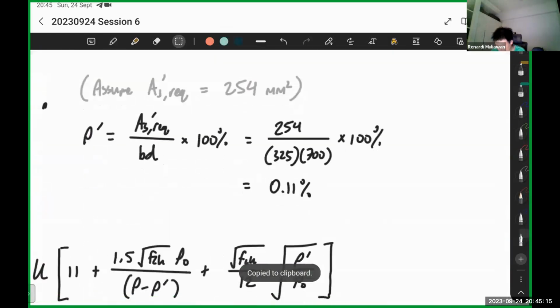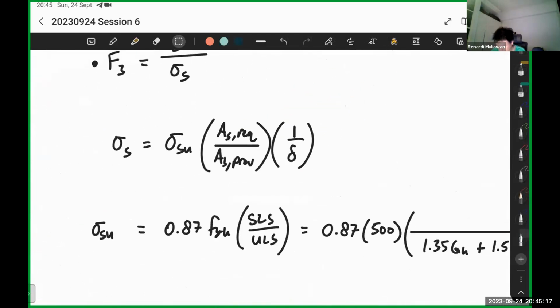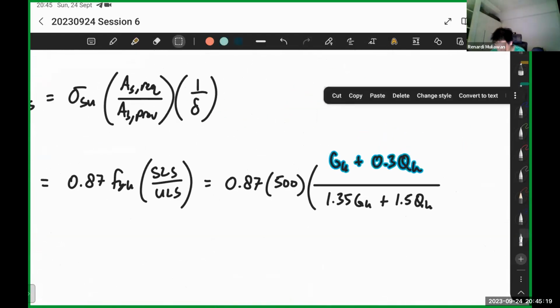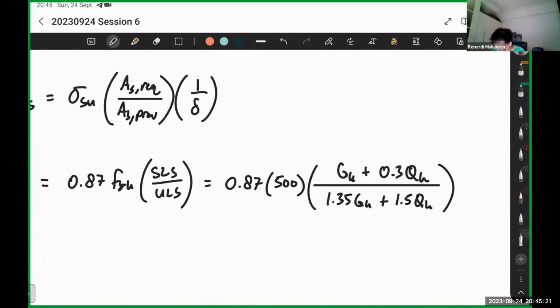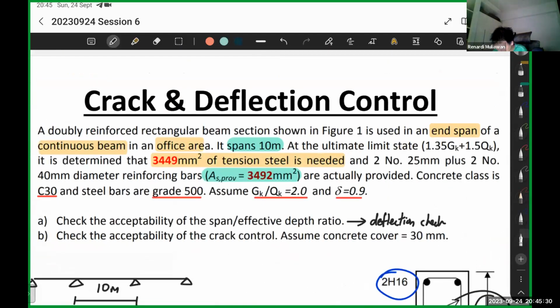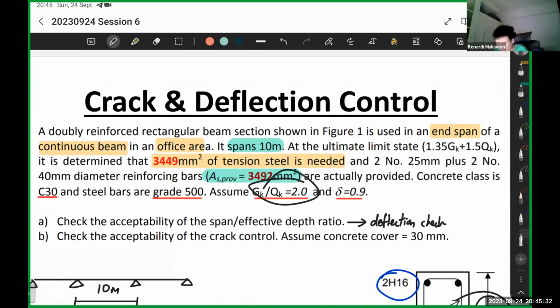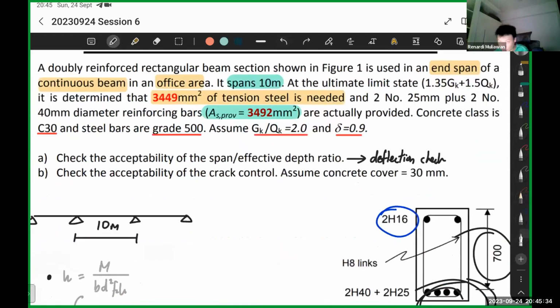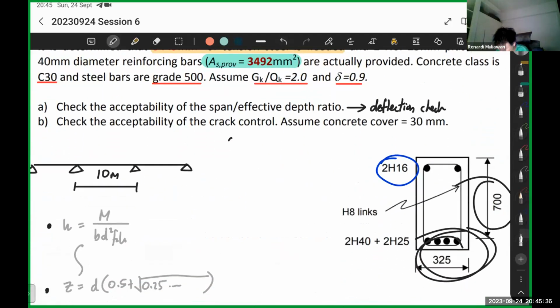Okay, so let's go a bit down. So you get something like this. Usually they will give GK and QK, so you can just plug in the number. But in this case, since they only give that GK over QK is 2, you just need to do some algebra. So if GK over QK is 2, then GK is just 2 QK.